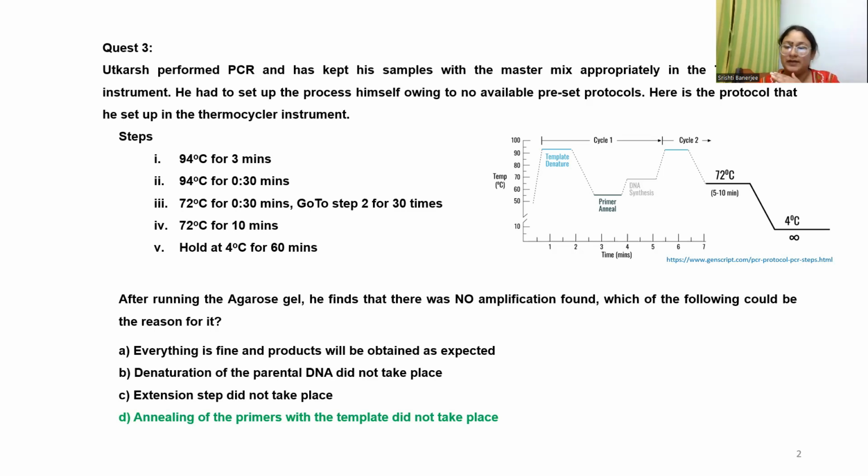It will denature again. That is what is happening in the first and the third step, right? So annealing temperature is very important. You need to provide primers as well as let them anneal to the template strand. If you don't let it anneal, then how will your amplification occur? Yes, D, you were correct.